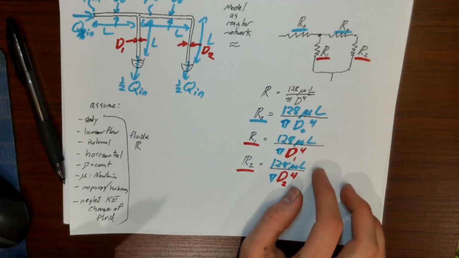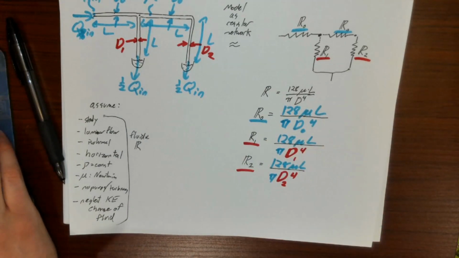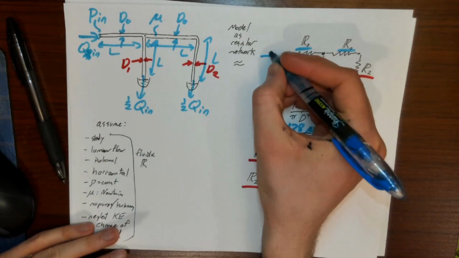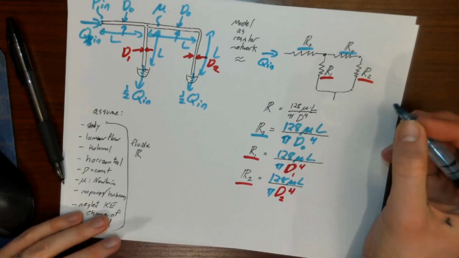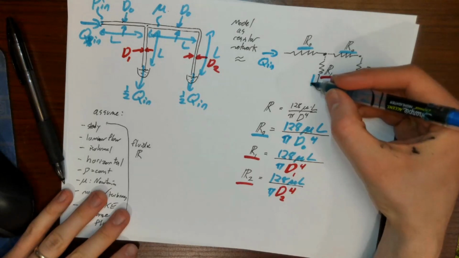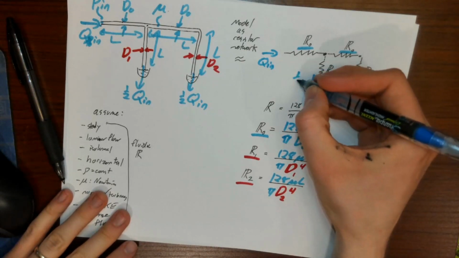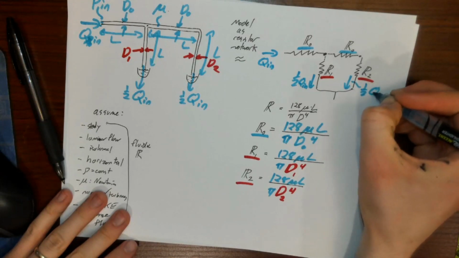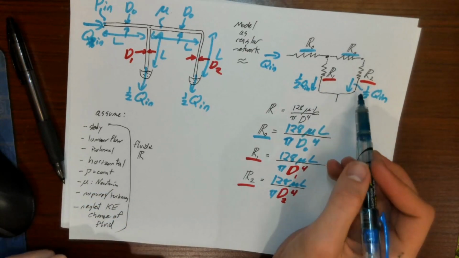We now basically need to proceed with formulating at least two equations to try to relate these unknowns. So if I think about it, I have some volumetric flow rate right here, and I know volumetric flow rates through these.